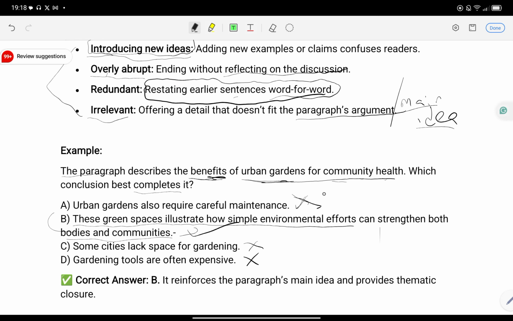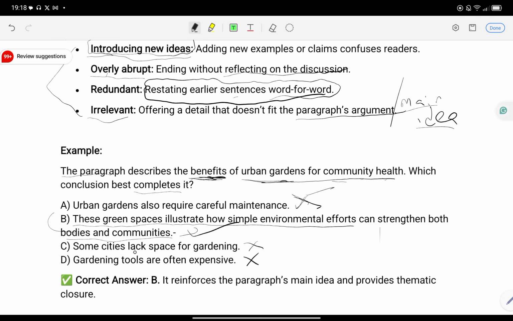Wrong, because this doesn't conclude anything on benefits. Remember, this paragraph talks about benefits of urban gardens. So talking about maintenance is not a conclusion. It could be mentioned in the paragraph, but this is not a conclusion.